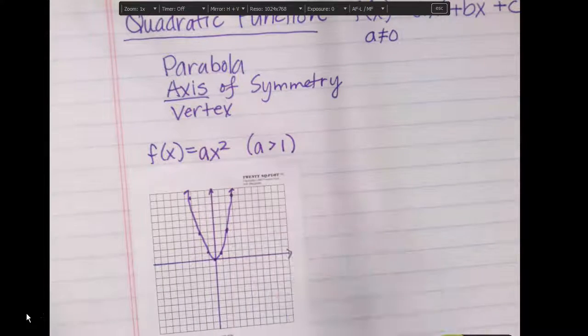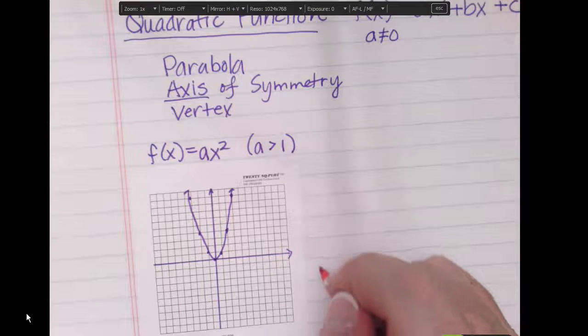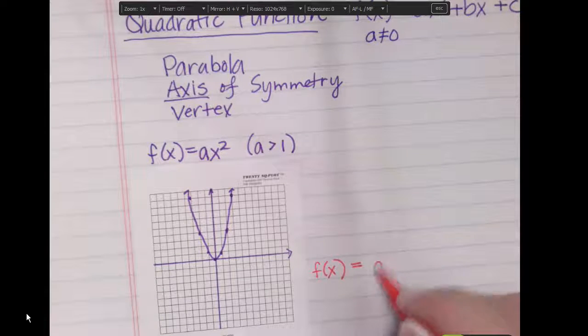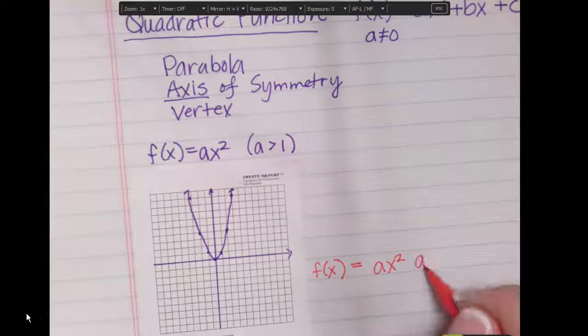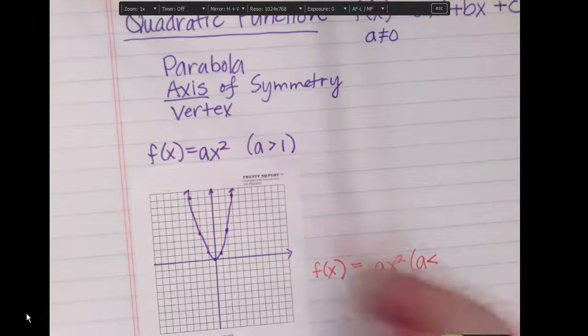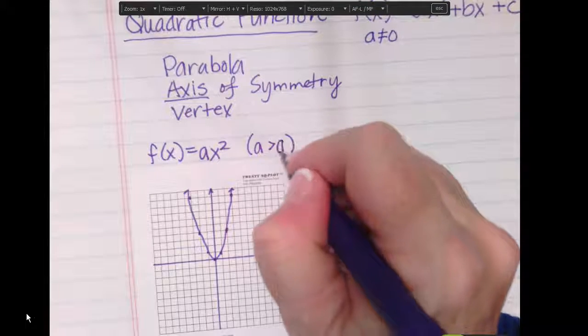So if we wanted to take a different color and then graph, I'm going to write it down here, f of x equals ax squared, except instead of a is greater than 1, I should have said a is greater than 0.